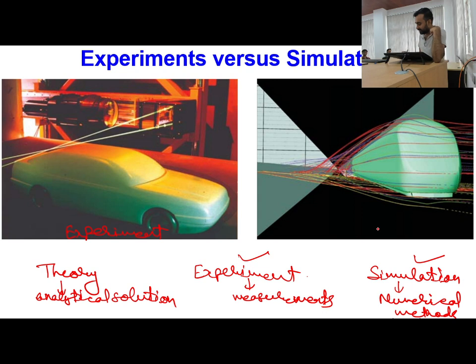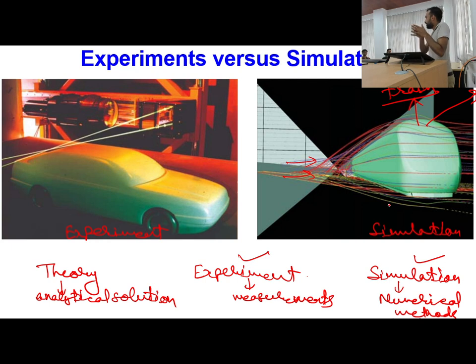On the right hand side is a typical simulation setup showing the structure of a train, where they are trying to study the effect of crosswind. From here the crosswind enters, and how it splits across the body of the train is shown.